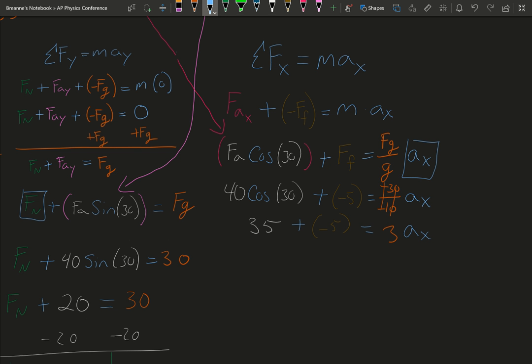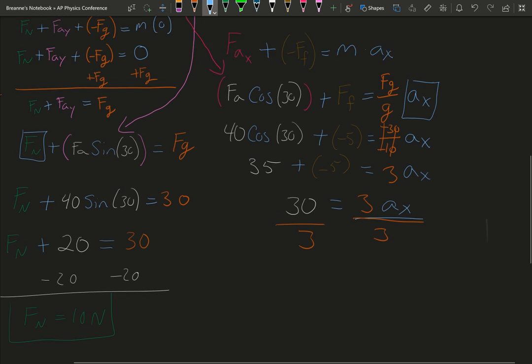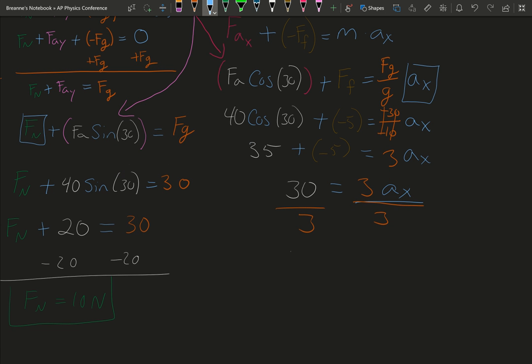We're looking for acceleration. 35 minus 5 is just 30, equals 3 times your acceleration in the x. We're going to divide both sides by 3. And so you get that your acceleration in the x direction is 10 meters per second squared.